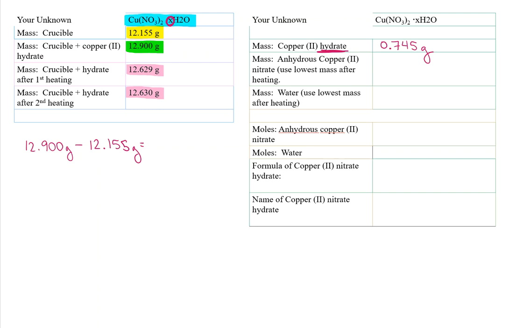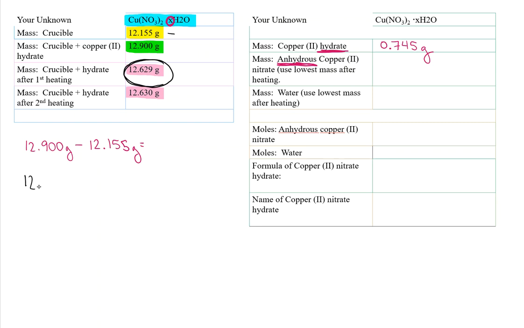Now, next up, we want to have the mass of the anhydrous. That's after we've driven the water off. And I say to use the lowest mass after heating. So the mass of the anhydrous salt, the stuff that is left over after we've driven the water off, is the one that's lowest minus the mass of the crucible.